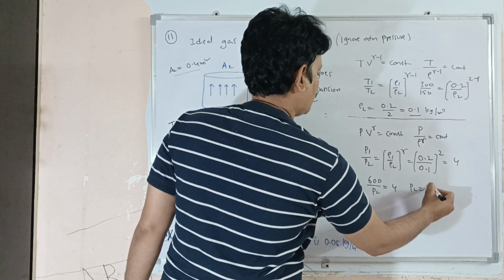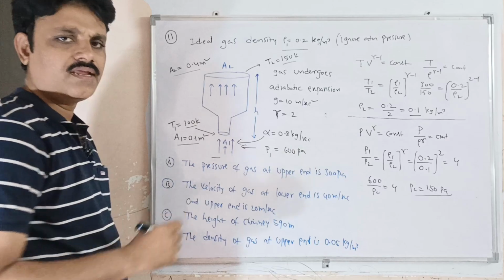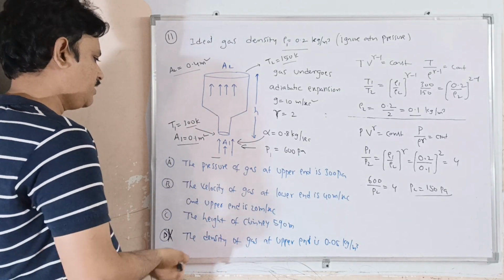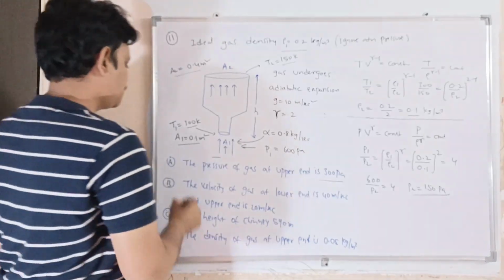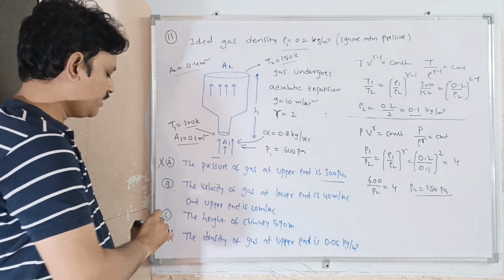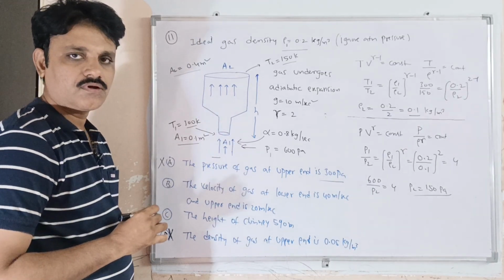Finally P2 is equal to 150 pascals. Okay students, we calculated the pressure at the upper end as 150 pascals, but here the pressure at the upper end is given as 300 pascals, so this option is also wrong. So we proved that option D is wrong and option A is also wrong.